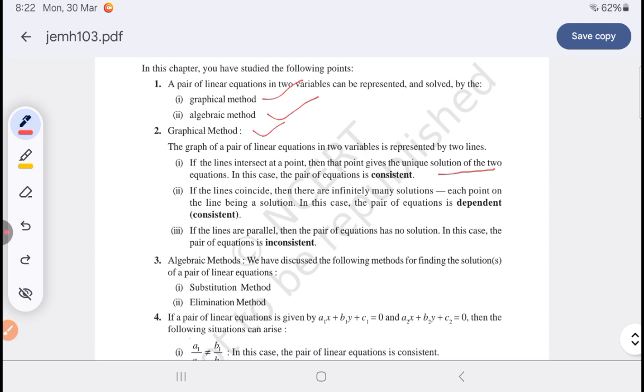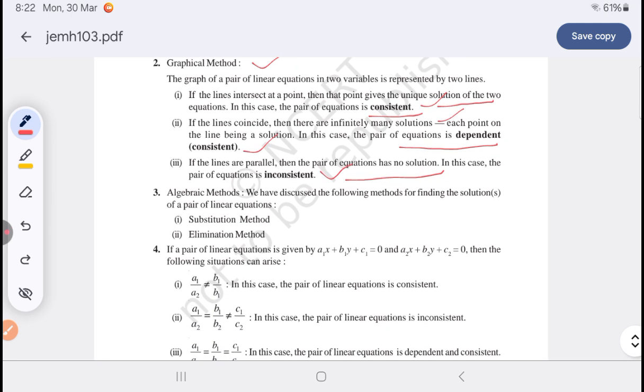In this case, the pair of equations is called consistent. If the lines coincide, then there are infinitely many solutions, each point on the line being a solution. In this case, the pair of equations is dependent and consistent. If the lines are parallel, then the pair of equations has no solution. In this case, the pair of equations is inconsistent.